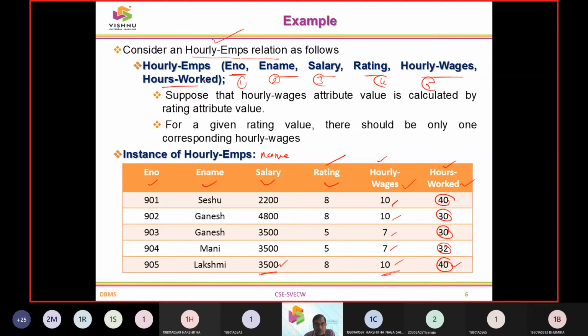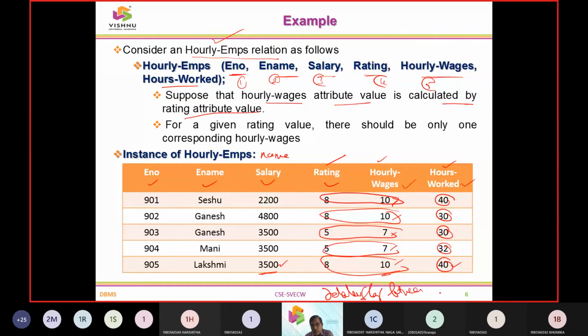Now let us see here. Suppose that the hourly wages attribute value is calculated by rating. That means there is a dependency, a relationship between rating and wages, and for a given rating value there should be only one corresponding wage.